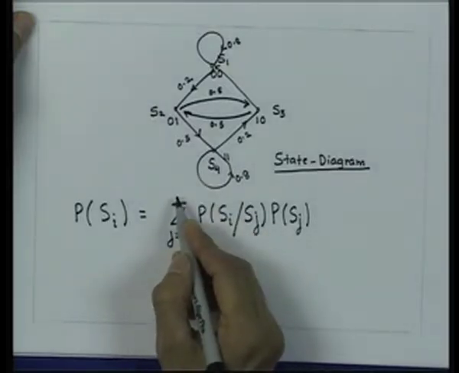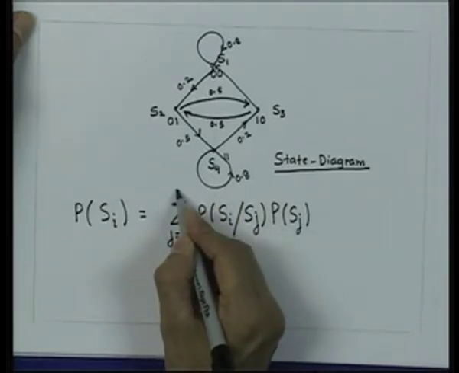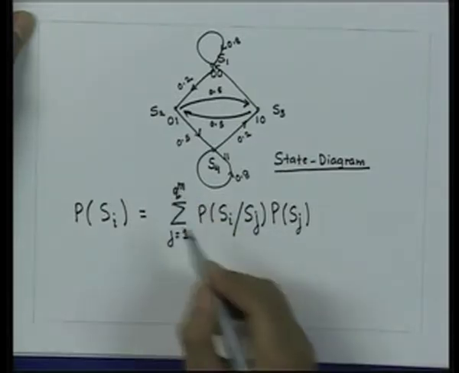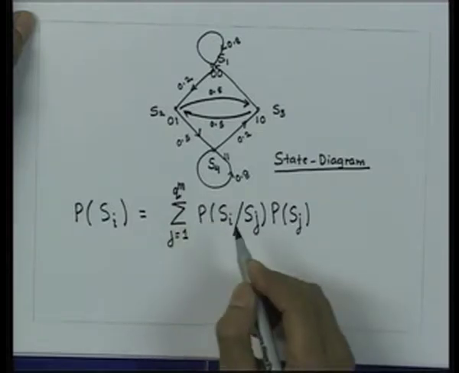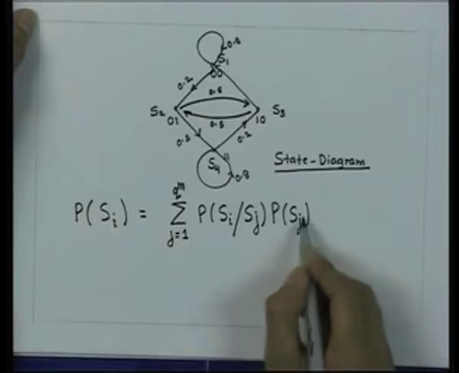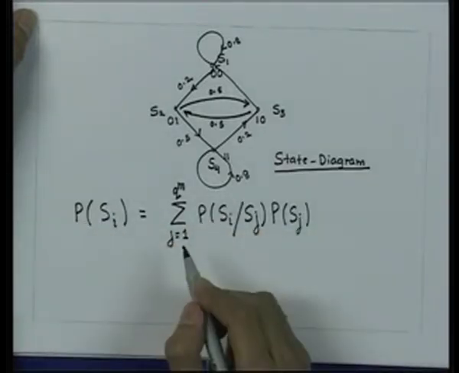In our case, there are 4 states. In general, it would be q raised to m, where q is the size of the source alphabet and m is the order of the Markov process. So, using this expression, I can find out my probability of states.